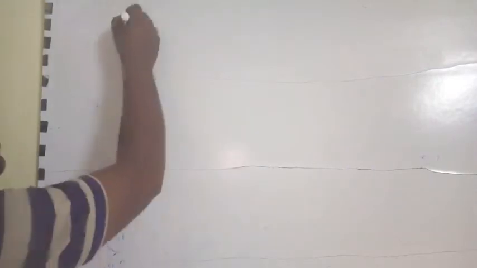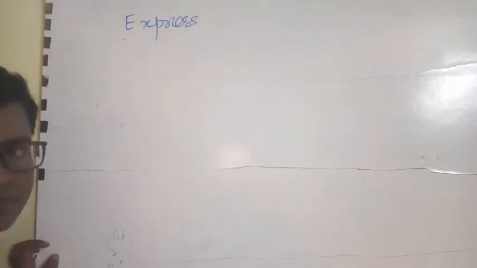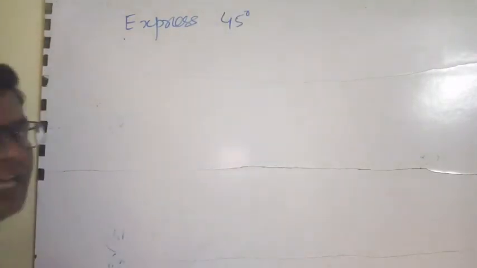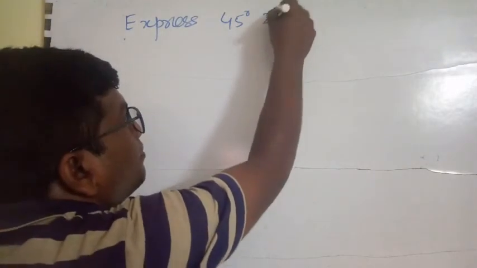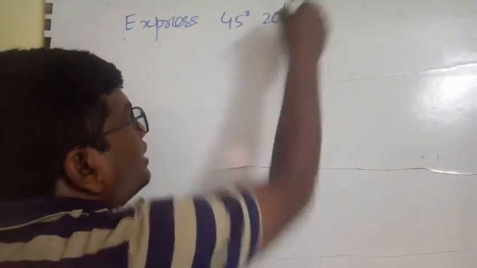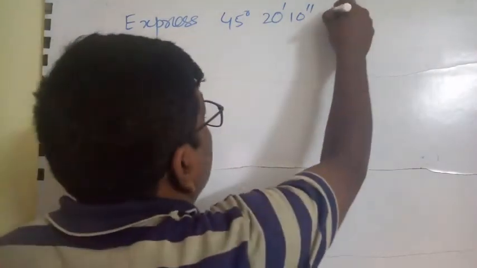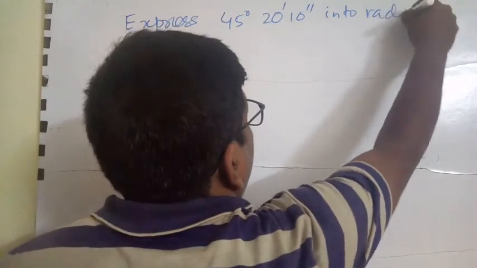Now one more example. Express 45 degree 20 minute 10 seconds into radian.